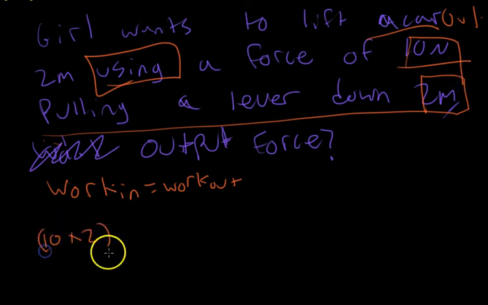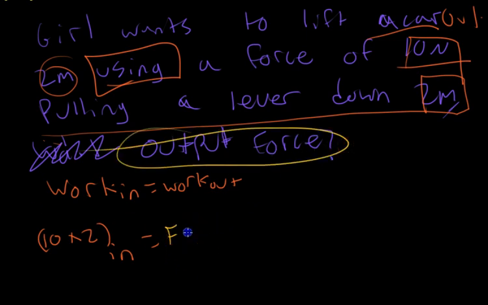Force times distance in is equal to, well, we're missing something, right? She wants to lift a car 2 meters, so we have the distance D. We don't have F. We need F, the output force, right? Times 2. Out.